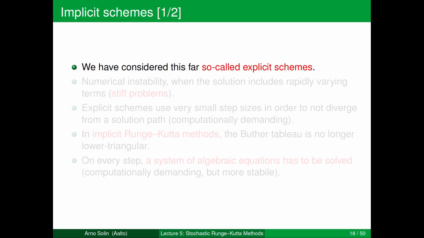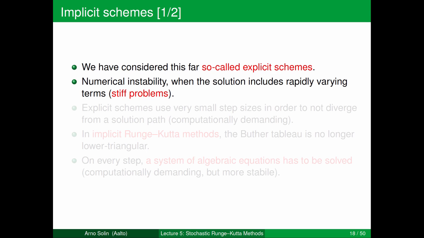In addition to so-called explicit schemes, also implicit schemes exist. I will just very shortly cover what this means in order to give you some sort of backdrop for this part. Even though the Runge-Kutta methods try to be very simple plug-and-play methods, in practice, which method to use depends on the problem. Especially difficult the use of these methods comes when the solution includes some rapidly varying components.